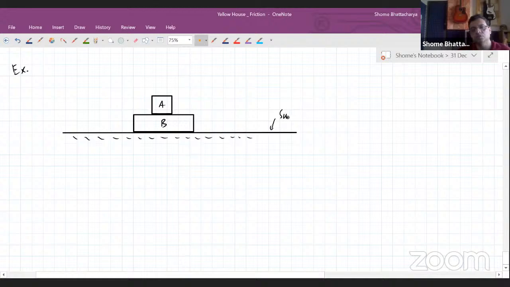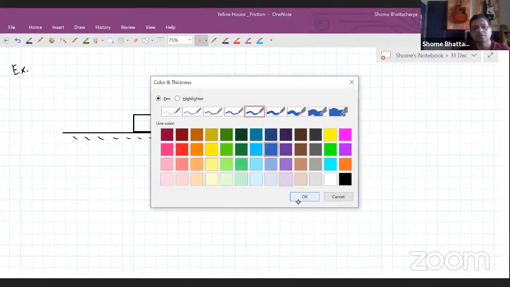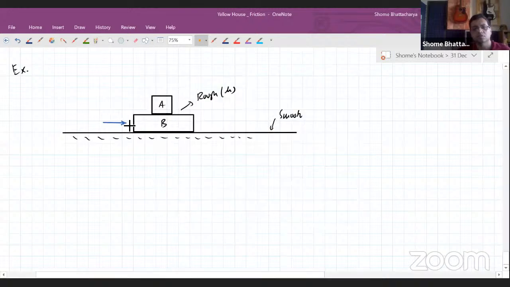So this is a smooth surface, whereas this is a rough surface, which has a coefficient of friction mu. And initially the system is at rest, but we start moving it by applying a force like this. Okay.